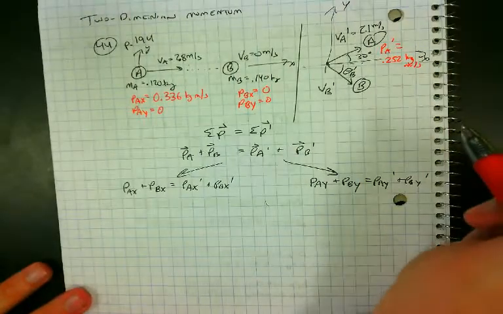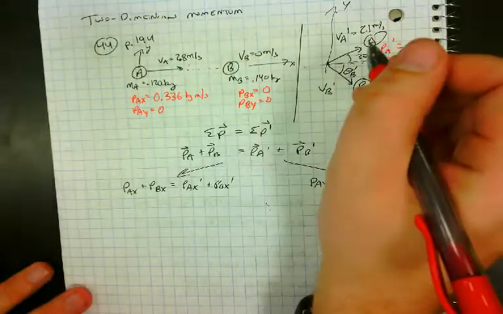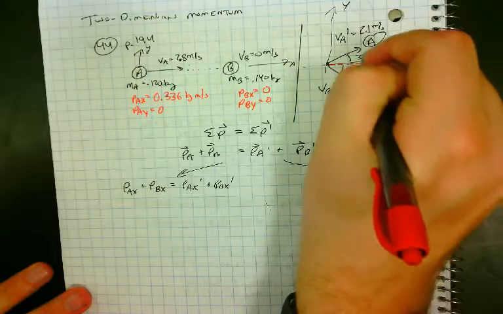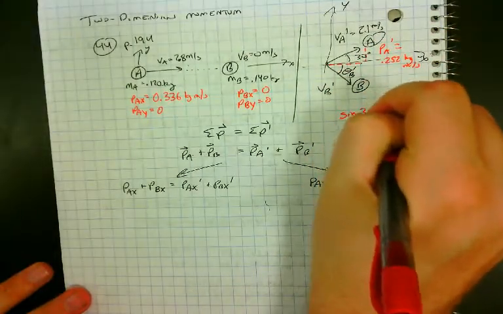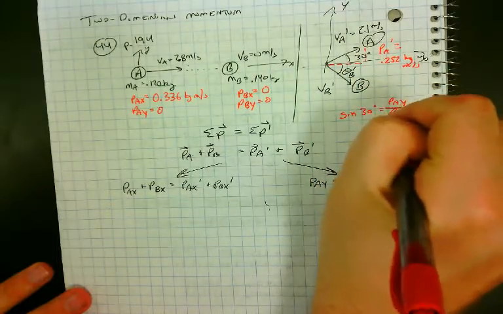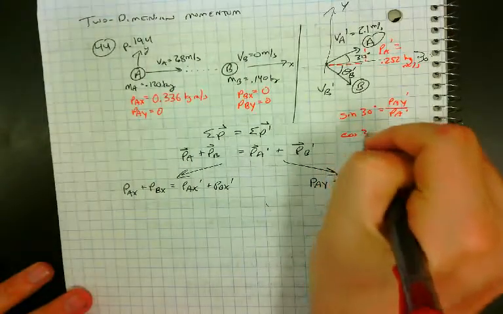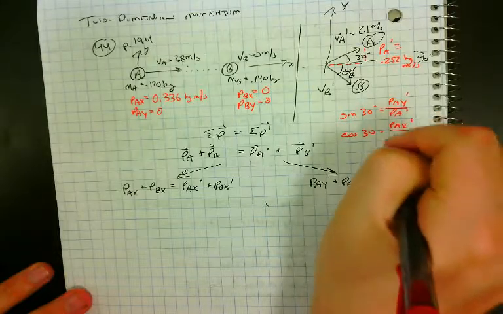Whenever we've got something that goes at an angle, we want to resolve it into components. So we could say that the sine of 30 equals, in this case, PAY over PA. Those are primes. And the cosine of 30 equals PAX over PA.